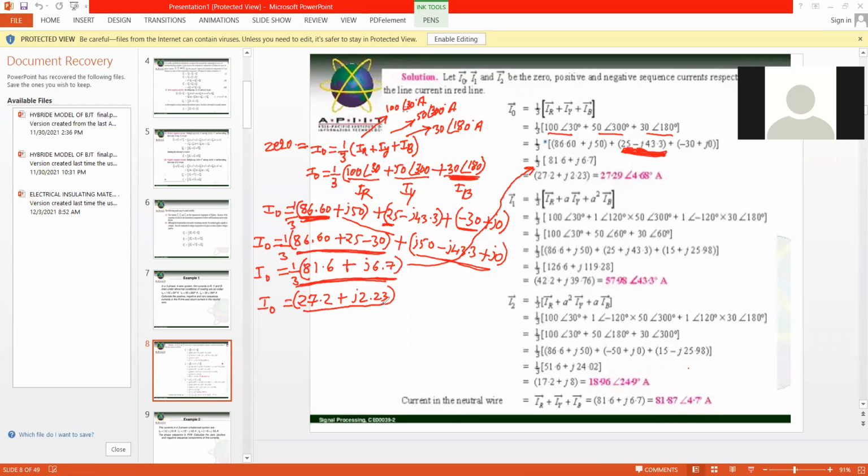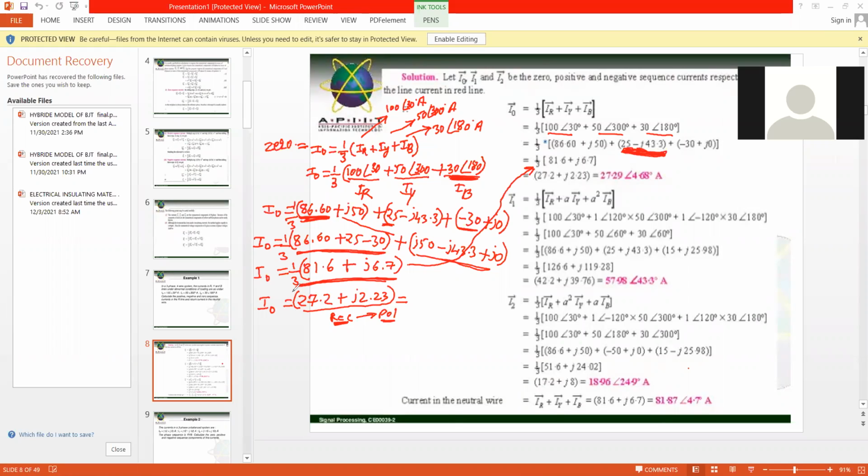Now again calculate this, rectangular into polar. Polar stands for pole, rectangular stands for rack, rack into pole is equal to, yes, calculate this.